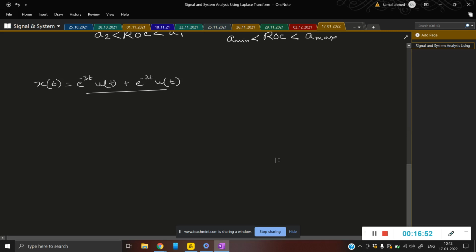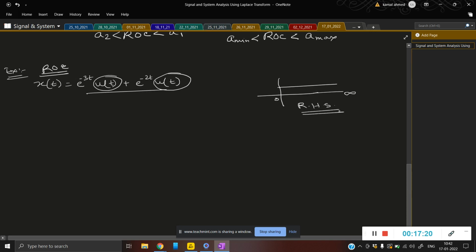Okay, this is the signal example, and I have to find out its ROC. So see, here there is a u of t term, and u of t means 0 to infinity. So in which direction will the signal lie? On the right-hand side.